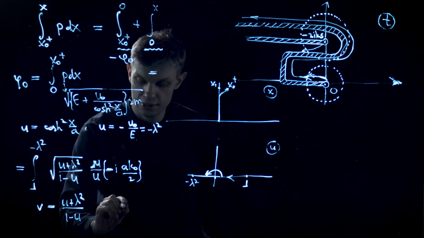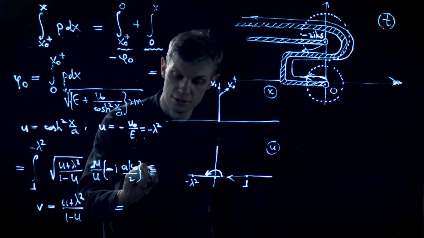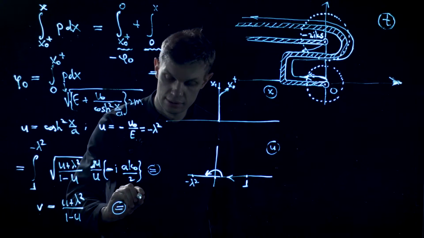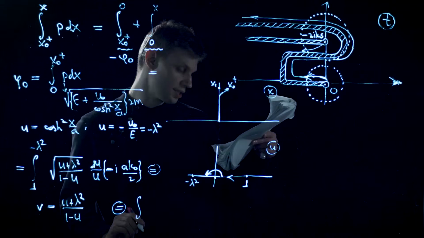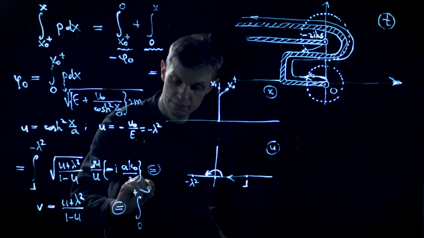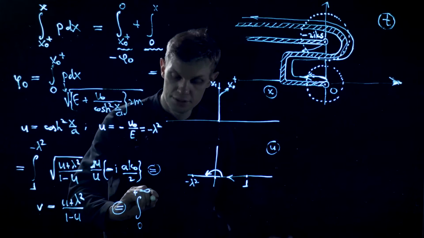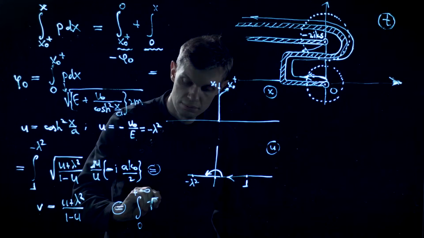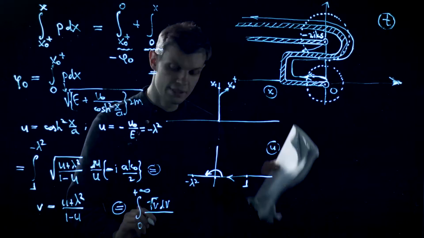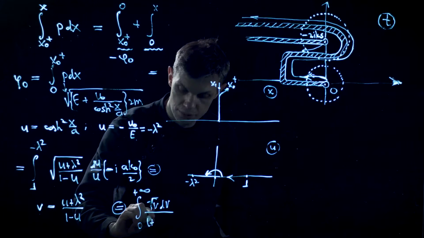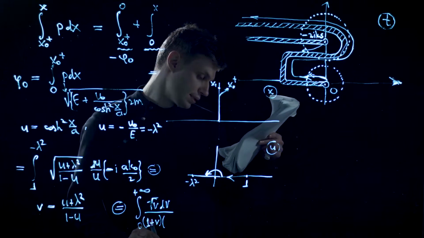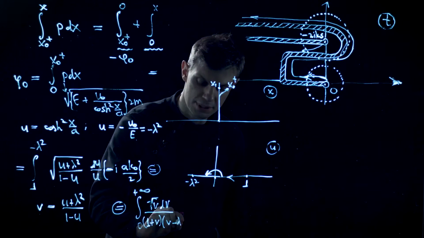So after the additional change, you get an even more suitable expression: from 0 to plus infinity, square root of v dv, divided by 1 plus v and v minus lambda squared.